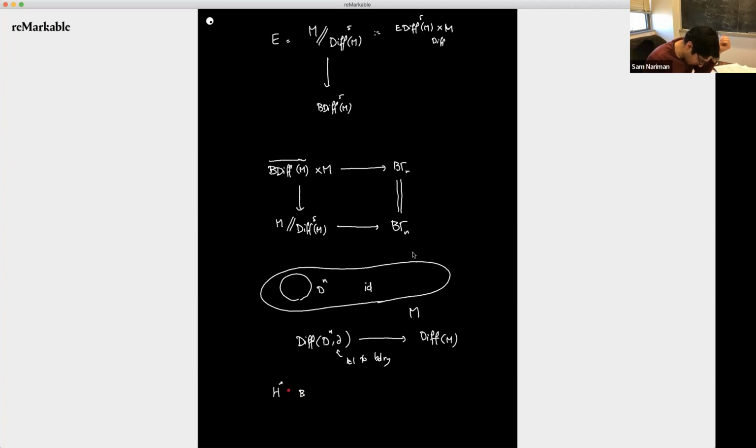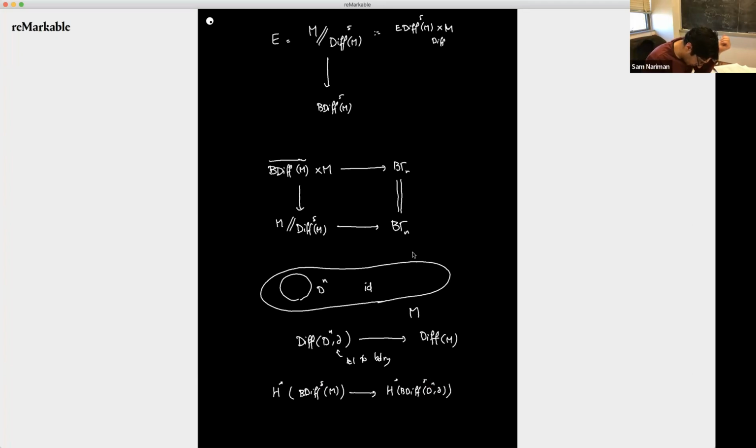cohomology of B Diff delta of M to B Diff of a disk, D^n delta.